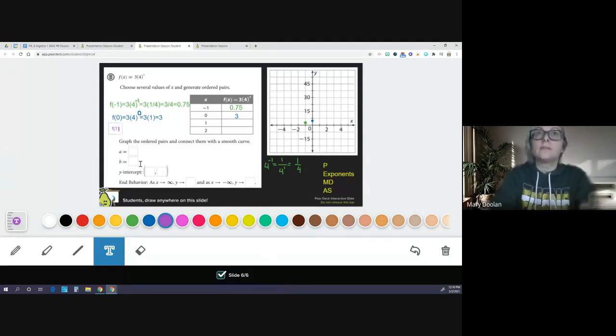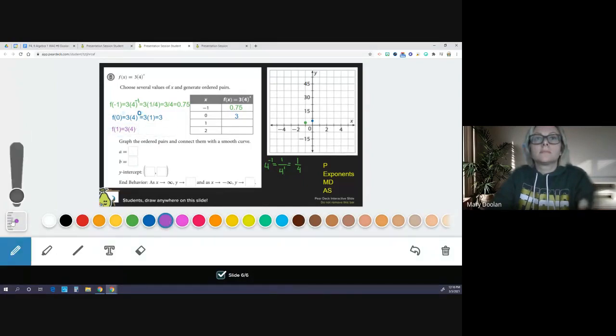F of 1 equals 3 times 4 to the power 1. Anything to the first power is always the same thing back, just like anytime you multiply something by 1, you always get the same thing back.